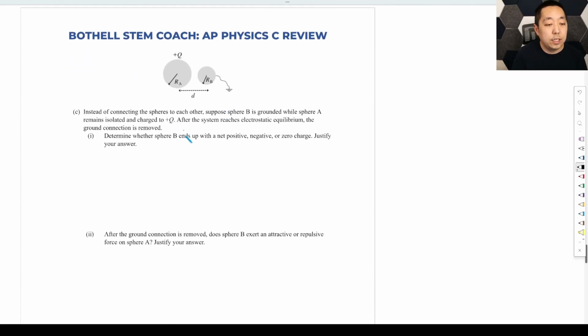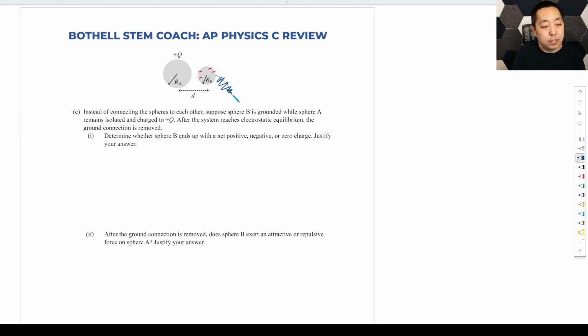So instead of connecting the spheres to each other, suppose sphere B is grounded. Okay, so B is grounded here while sphere A remains isolated and charged to plus Q. After the system reaches electrostatic equilibrium, the ground connection is removed. So what's going to happen here is, because this is positive charge, this guy's going to have some negative charges now come from the ground. And before you remove this, this is like induction where the negative charges are drawn to this guy, right?